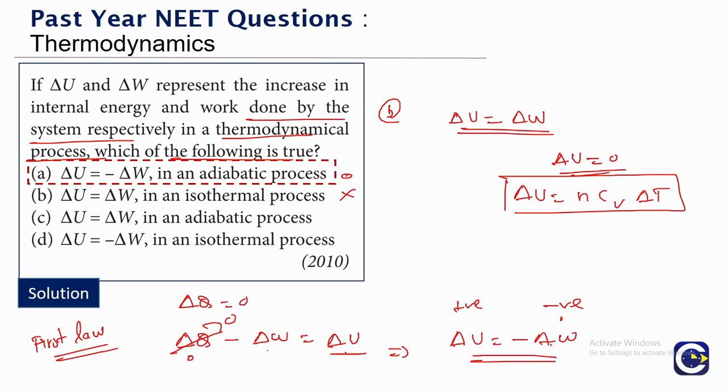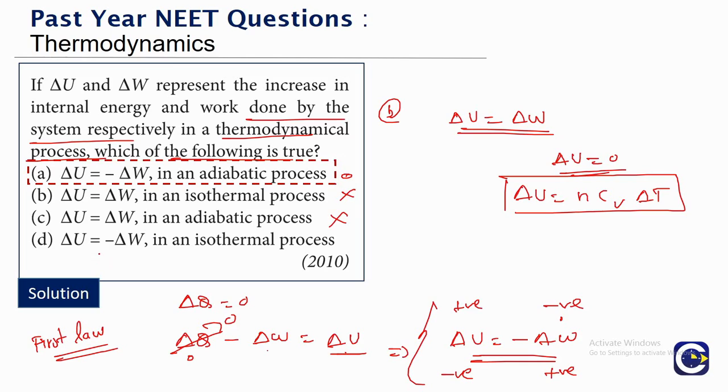That is, if work is done on the system, delta W is negative, and as a result the internal energy increases. If delta W is positive, work is done by the system, and delta U will be negative, meaning work is done at the expense of the internal energy. By losing internal energy, the system is doing work because no heat is coming from outside. That is the significance of this negative relation. So this is not correct.